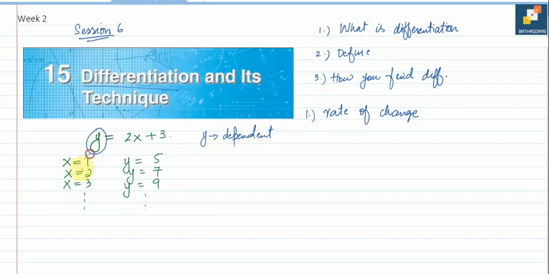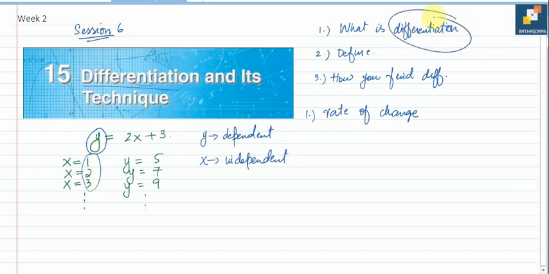We are assigning the values of x, and with those values there is a change in the value of y. So y is dependent, and in this case x is independent. So basically differentiation is the rate of change of the dependent variable with respect to the independent variable, which is what we are going to discuss in the topic differentiation. All right, so that is your first answer.